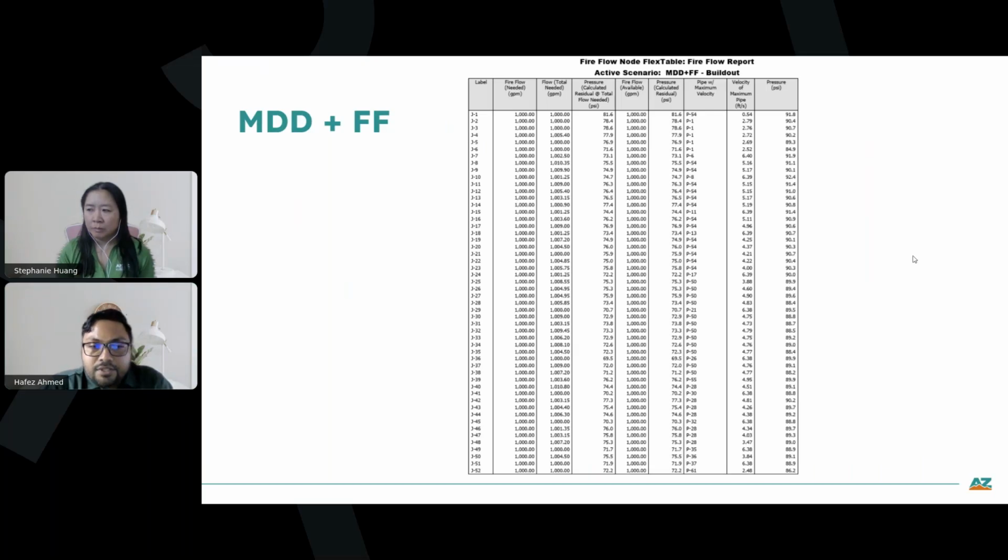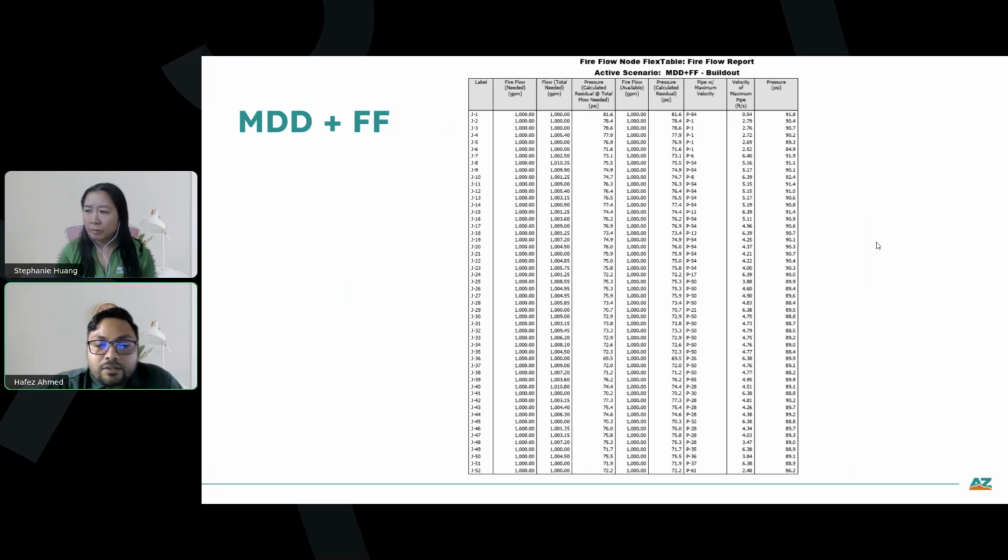And this is the final slide, for the condition of maximum daily demand and fire flow demand. In addition to looking at the velocity, which needs to be below 10, and the pressure distributions, I'd also like to emphasize the water demand calculations using the simulations.